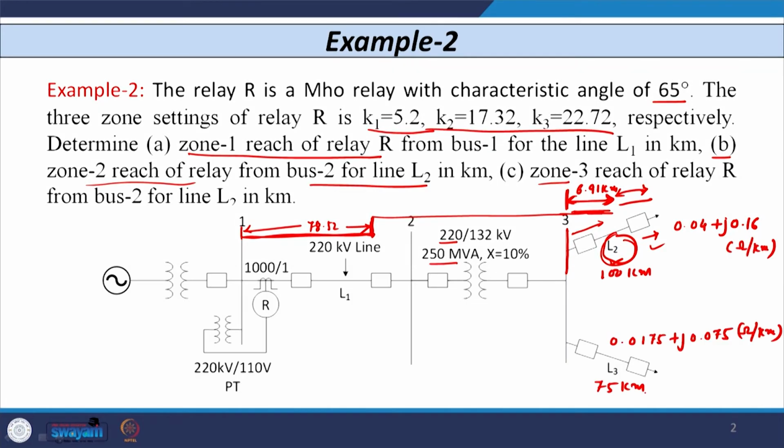Same way for L3, its value is 0.0175 plus J0.075.